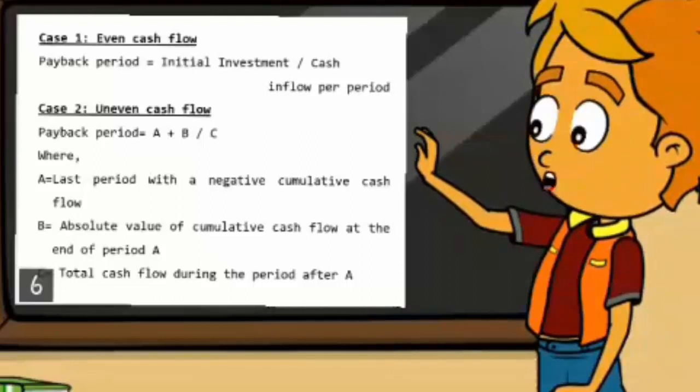In uneven cash flow, the cash inflow differs every year, so with the support of the following formula we find it: payback period equals A plus B by C. The details were given regarding how to find it for uneven cash flow.